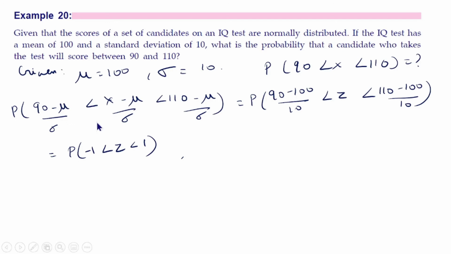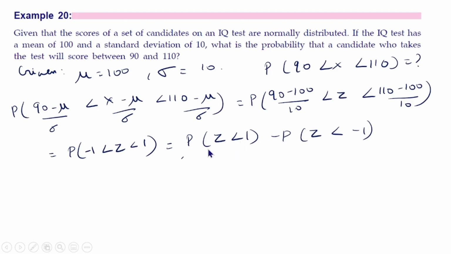Now the problem of finding probability of 90 less than x less than 110 has reduced to finding probability of minus 1 less than z less than 1. This can be calculated as probability of z less than 1 minus probability of z less than minus 1. Using the z score table, we can find the values.